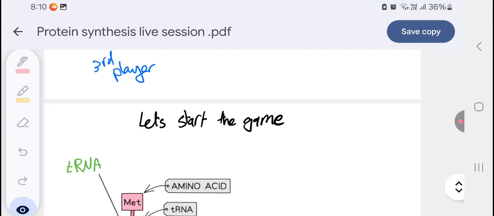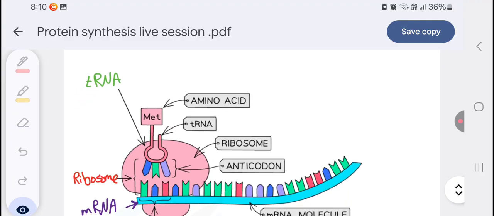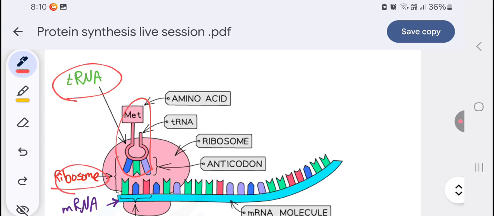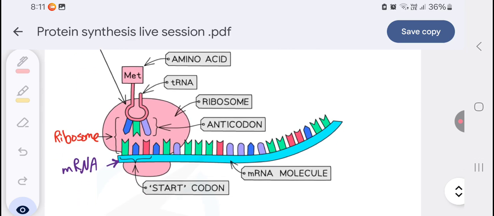So let's start the game. We will combine the transfer RNA, this one here, and the ribosome, which has the large subunit and the small subunit, and the messenger RNA.